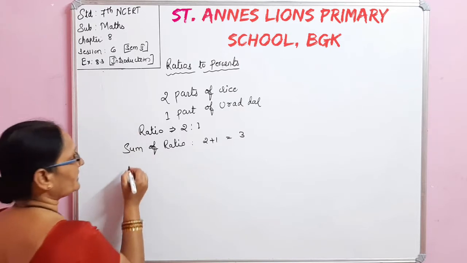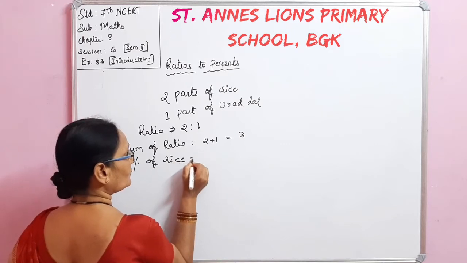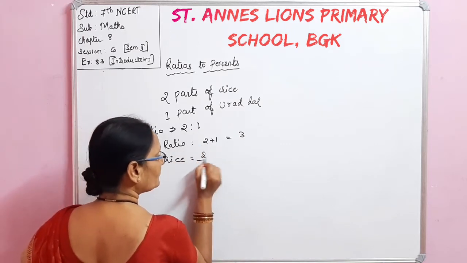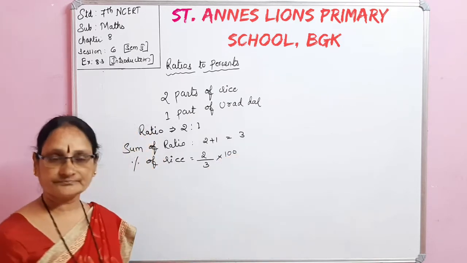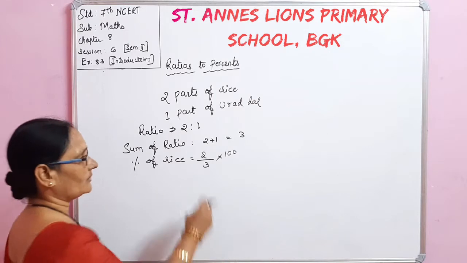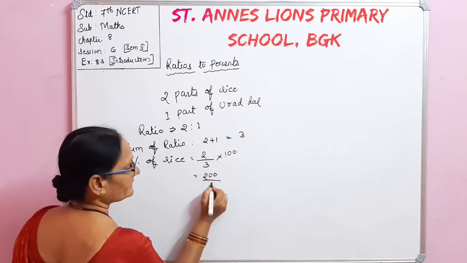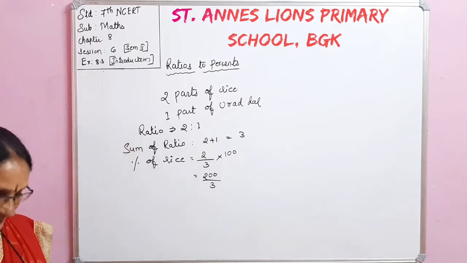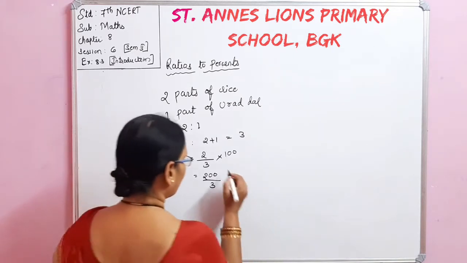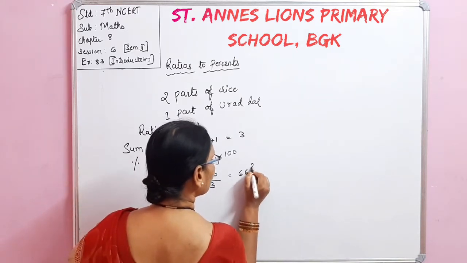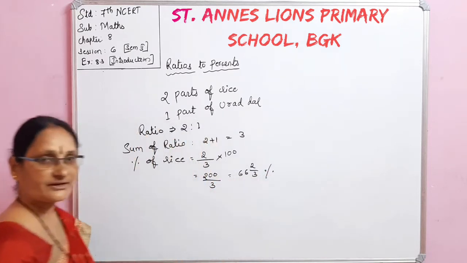Now the percentage of rice is equal to 2 by the total 3, into 100. That is 200 by 3, which is equal to 66 and 2 by 3 percent of rice we are using.